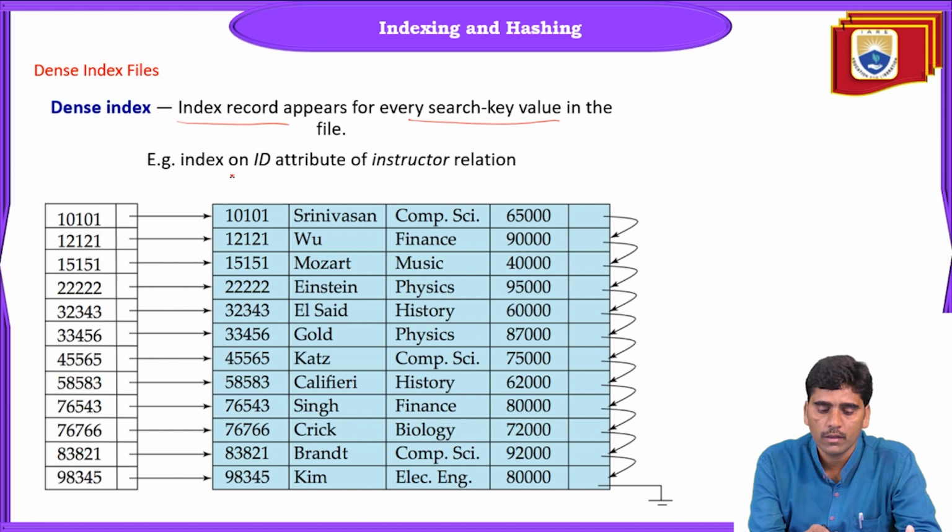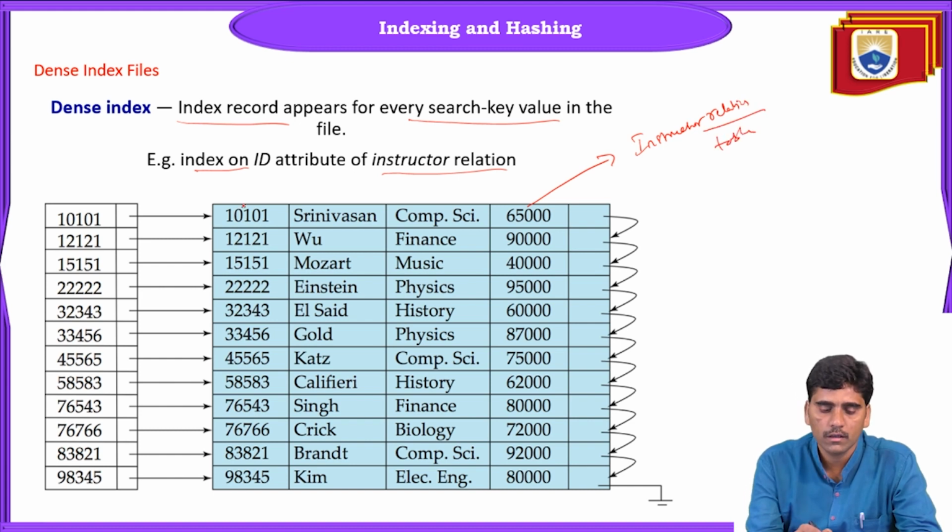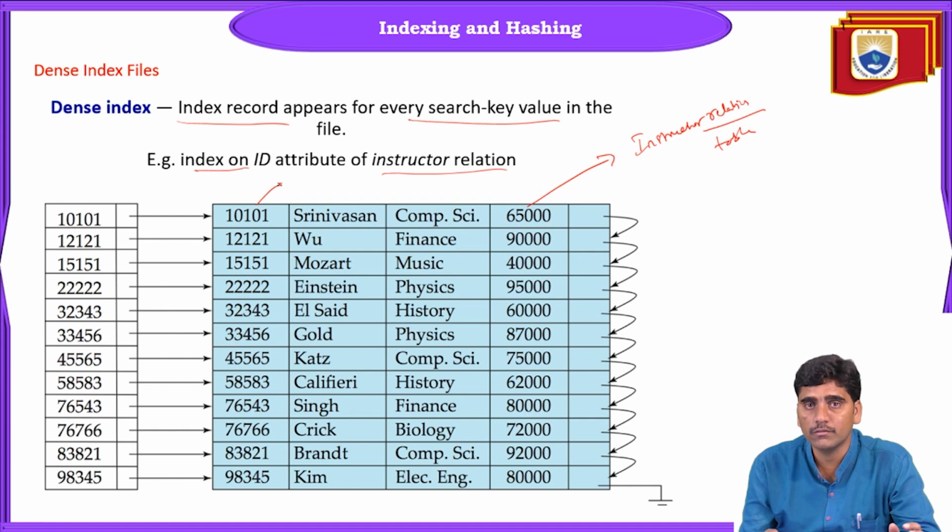For example, an index on the ID attribute of the instructor relation. This is all about the instructor relation, or instructor table, which contains ID, instructor name, instructor subject, and instructor salary.